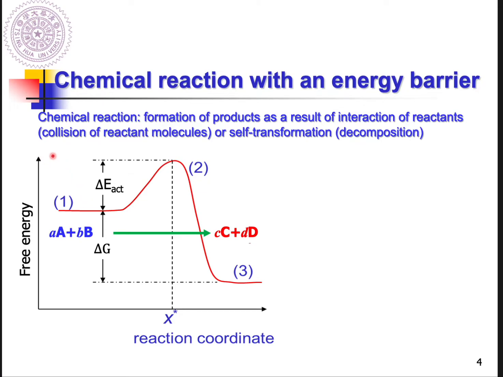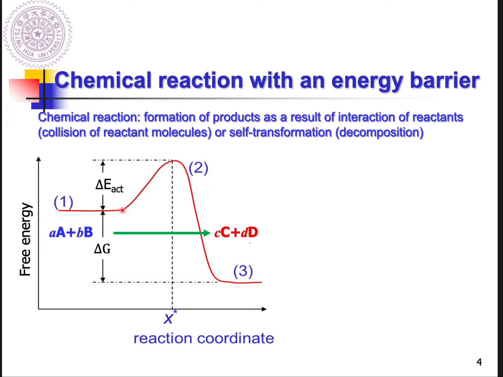If you plot the free energy as a function of reaction coordinate, we have reactants A and B, and products C and D. Then the total free energy of reactants A and B will be like this.